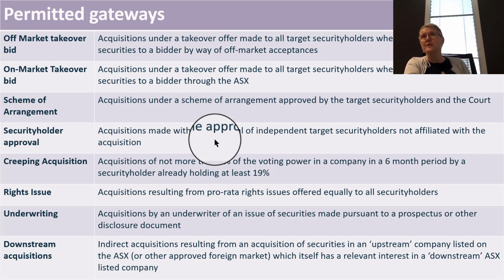Getting the approval of security holders, so basically going to the shareholders and getting their approval for a change. This is done less in a standard takeover where you've got one bidder who is seeking to increase their voting control. This is the exception that's generally used when a company does a capital raising.